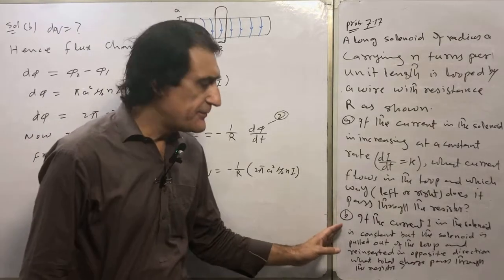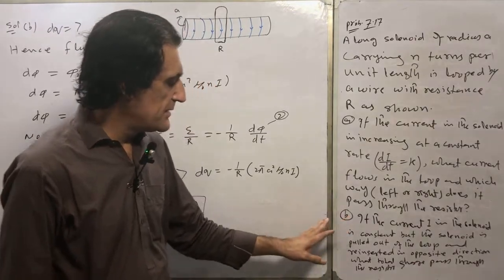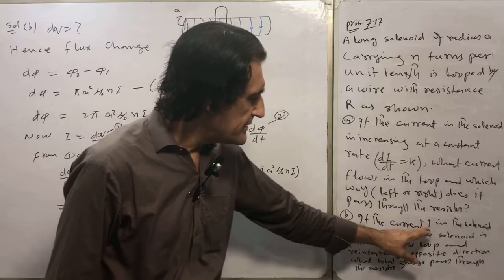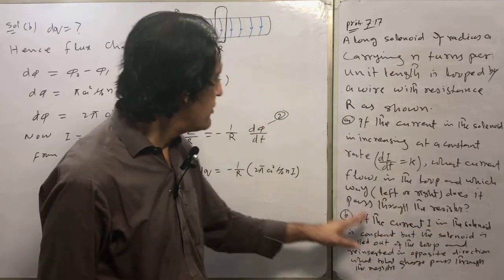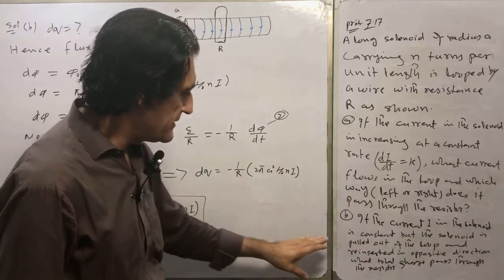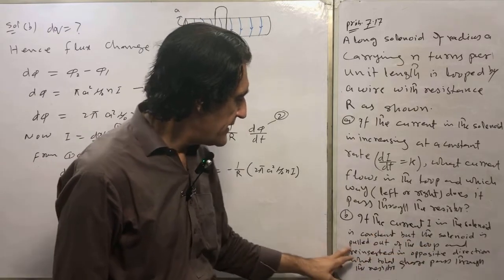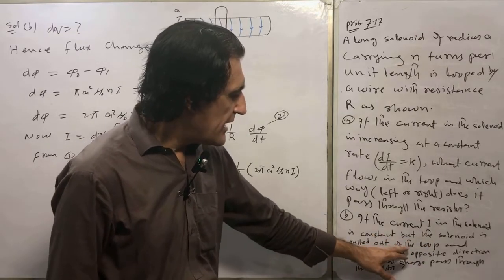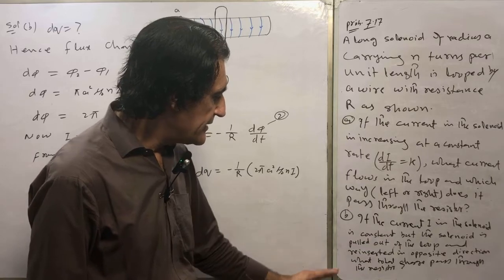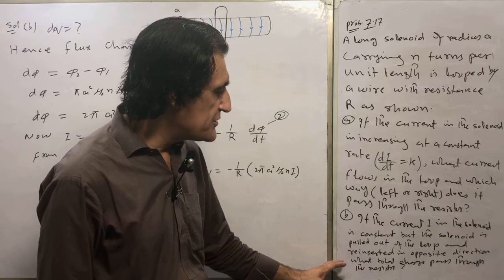The second part of this problem states: if the current I in the solenoid is constant, this is a solenoid and the current is constant, but the solenoid is pulled out of the loop and re-inserted in the opposite direction.